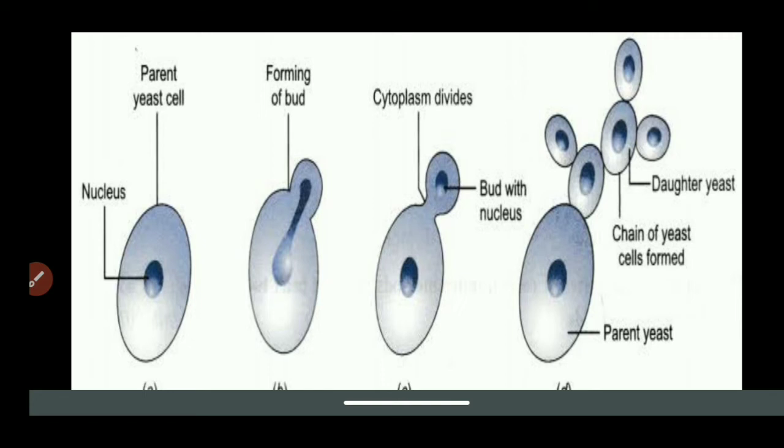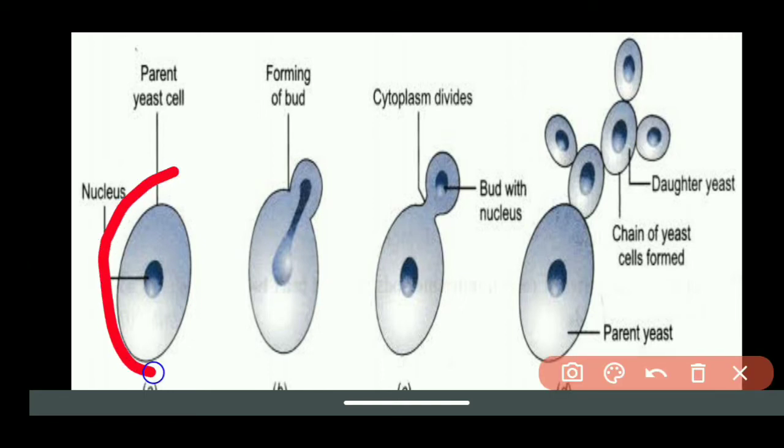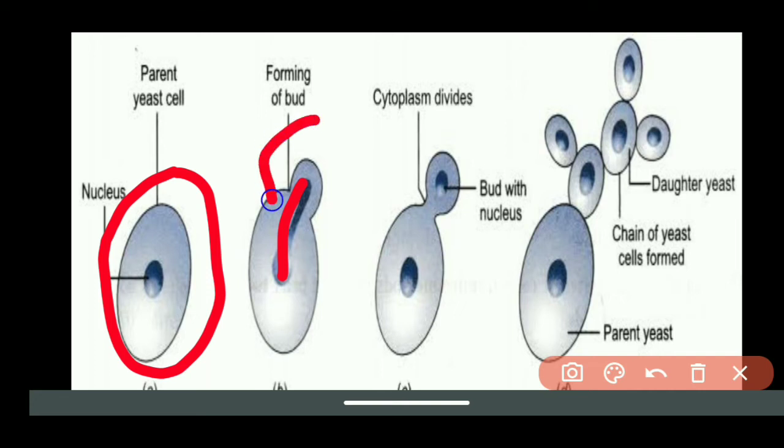Here you can understand, this is an entire new cell. What happens here is a new offspring tries to emerge out from the original parent body and develops as a bud. This is called a bud.